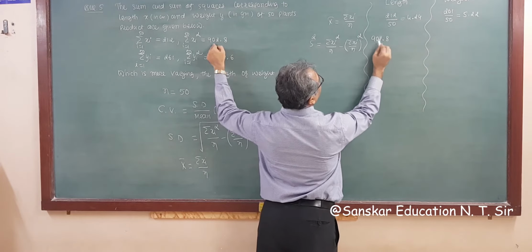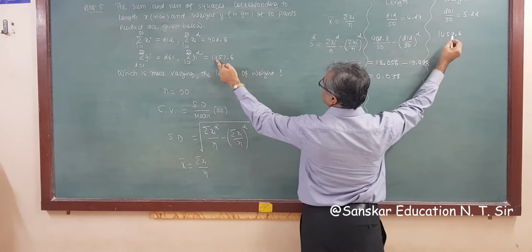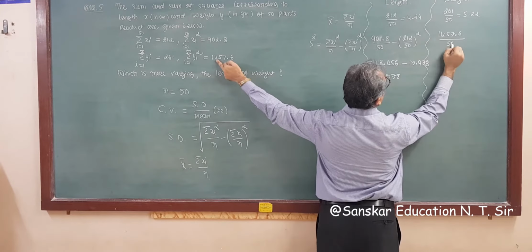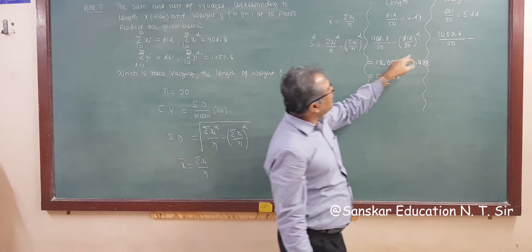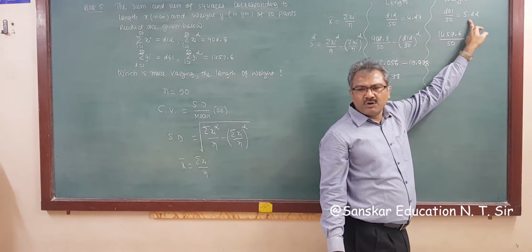Then for weight, we have to take sigma yi square. We are not writing the formula for weight differently, right? So 1457.6 divided by 50 minus, I am writing the mean directly, 5.22 whole square.